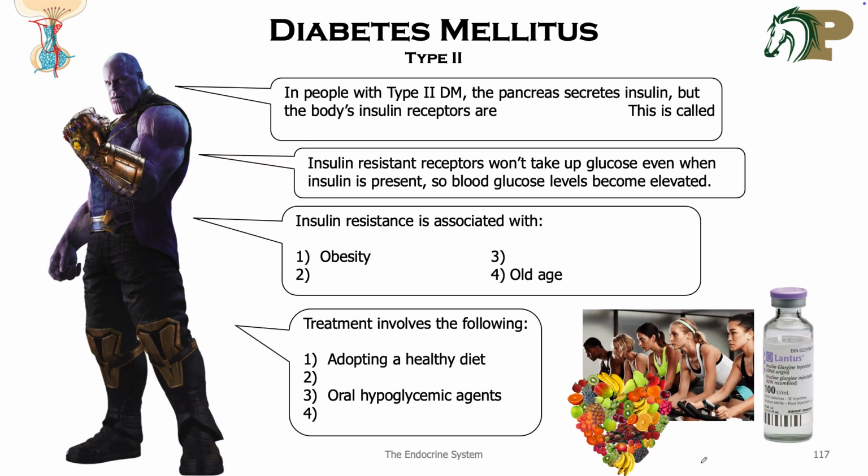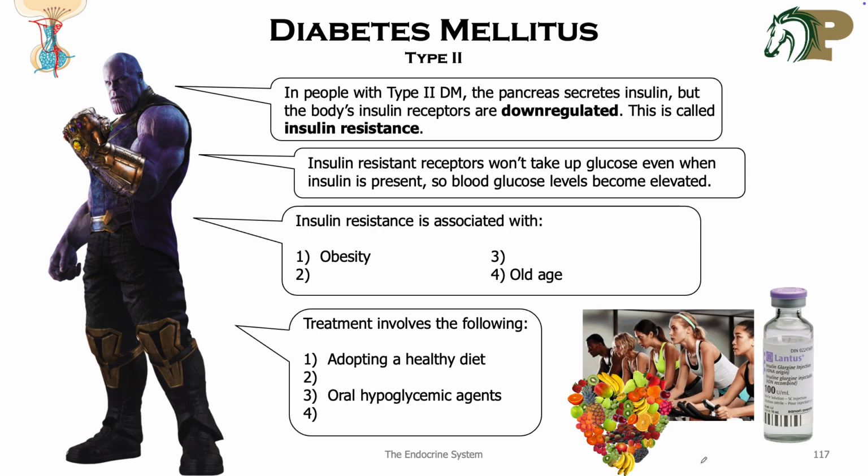Type 2 diabetes, again, the pancreas is secreting insulin, but the body's insulin receptors are downregulated because of obesity, because of sedentary lifestyle, because of bad diet. All of those things can lend to the development of type 2 diabetes. That phenomenon is called insulin resistance, when the body doesn't listen to insulin.